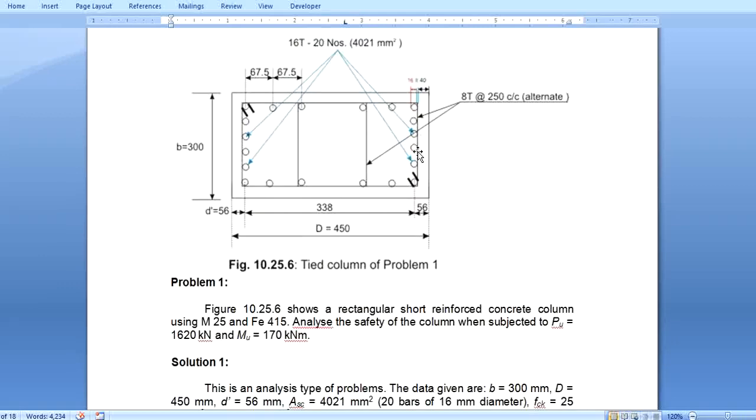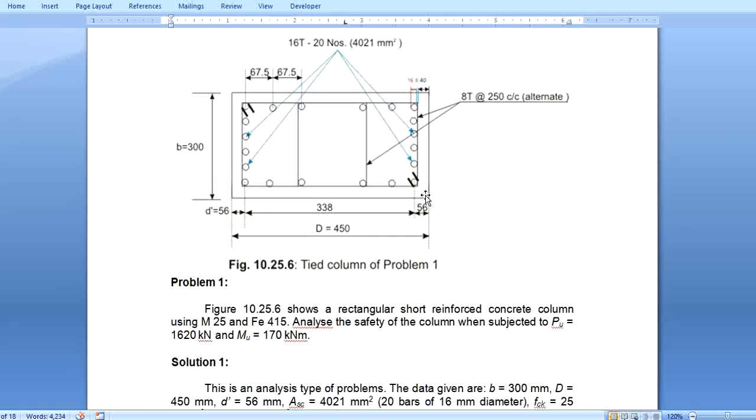Because the stirrups are of 8 mm dia. So 40 clear cover plus the 8 mm stirrup, plus half of the 16 mm dia, that is 40 plus 8 plus 8, which is 56. So D dash is equal to 56.